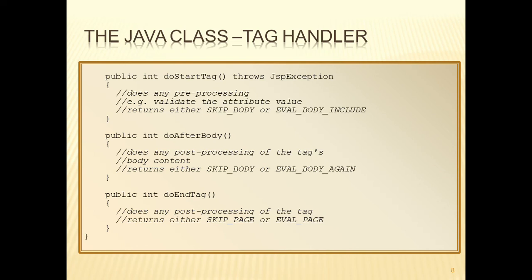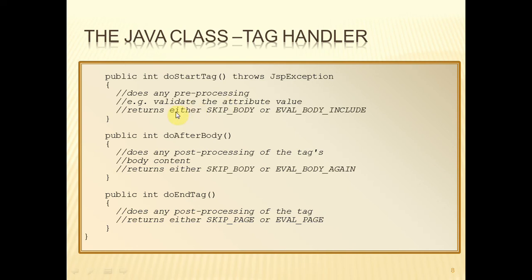And if you find any problems, then this method needs to return SKIP_BODY, because that will tell the system to stop processing that tag. Otherwise, you can go on, if there is a body, to evaluate the body and include the output from that as part of the response.